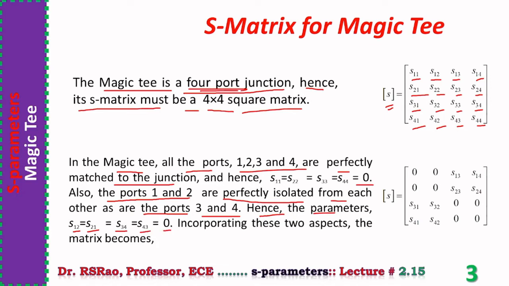Incorporating these two aspects, the matrix becomes 0, 0, S13, S14; 0, 0, S23, S24; S31, S32, 0, 0; S41, S42, 0, 0. Notice that in the matrix with which we started, the number of unknowns was 16. After the second step, they become 4 plus 4, 8. The number of unknowns is fewer now than when we started the process.